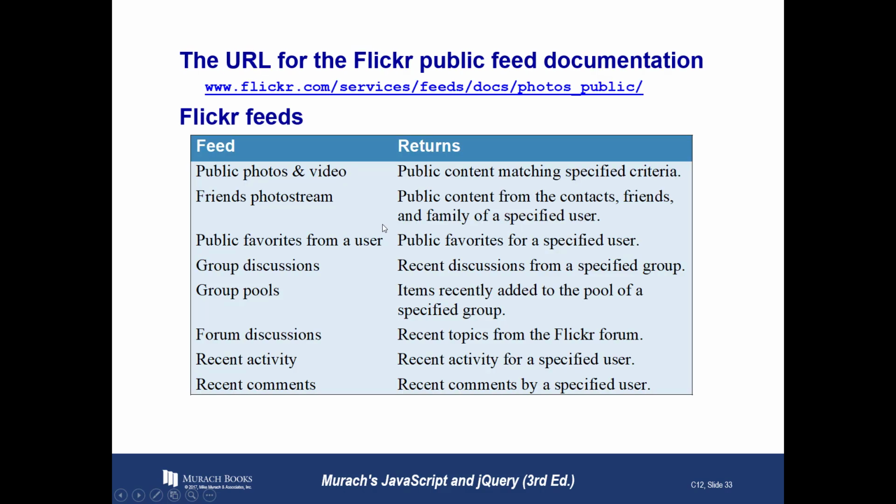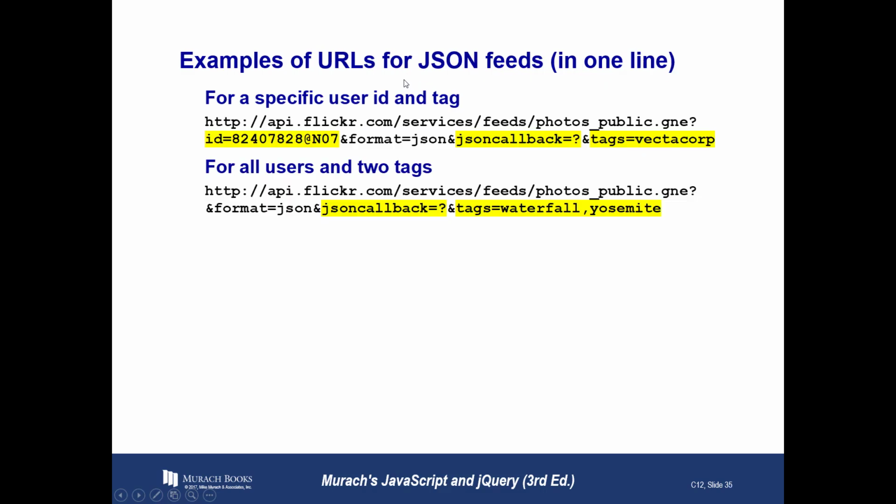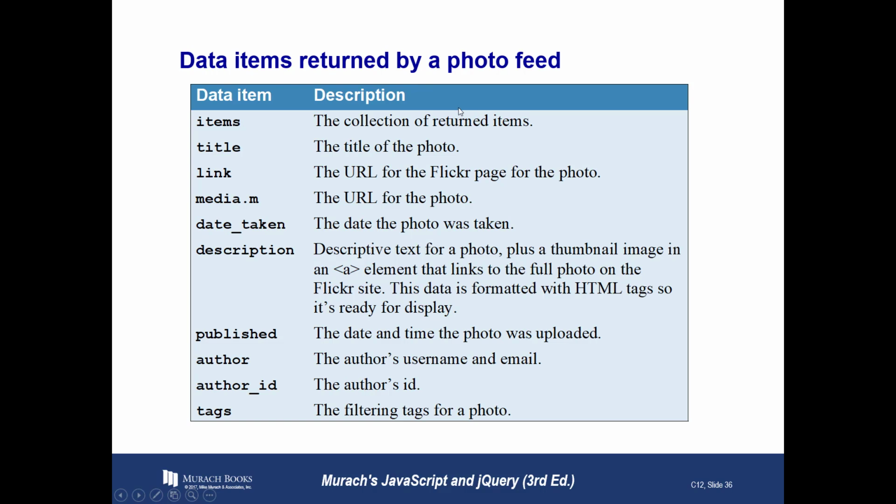They do talk in here about Flickr. Flickr is a thing for sharing photos. As it says, you can go out and retrieve a public photo stream. Why would I want to do that? I don't know. If I had a website about something that was in the news, I might be able to use Flickr and retrieve photos that were from a newspaper or whatever, only doing that, of course, with permission.